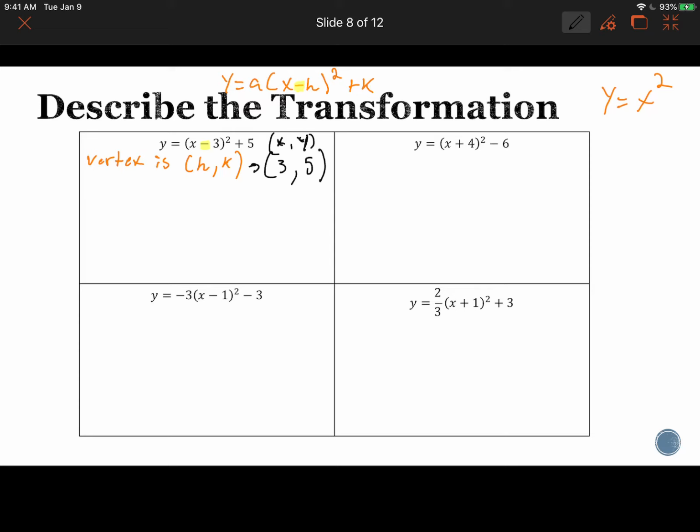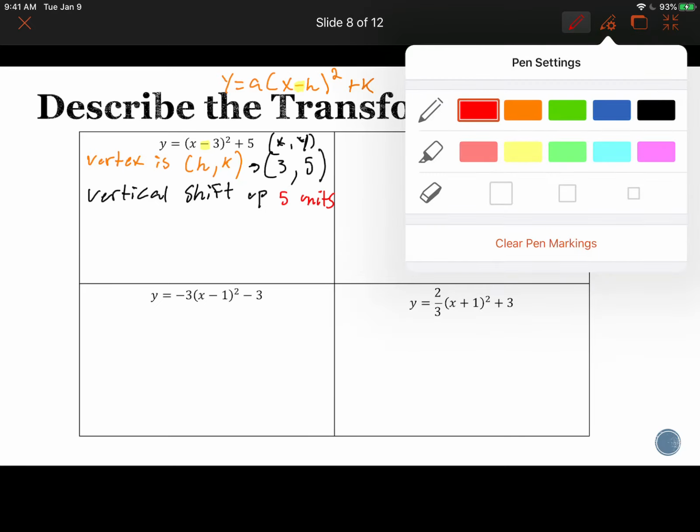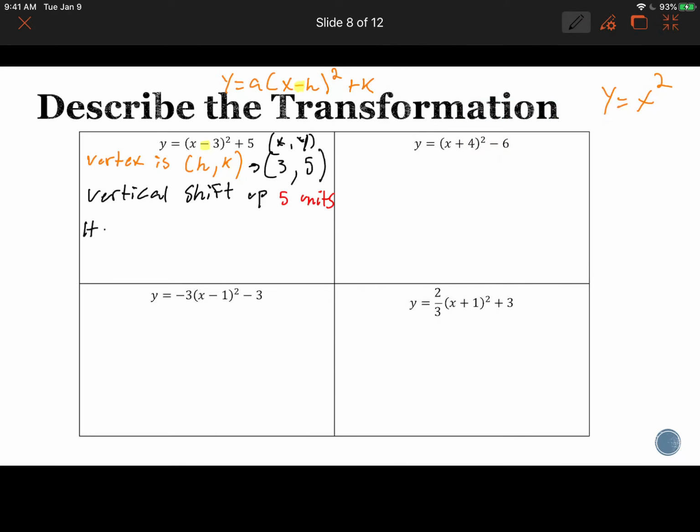So we know that this is a vertical shift up 5 units, and it has a horizontal shift right 3 units.